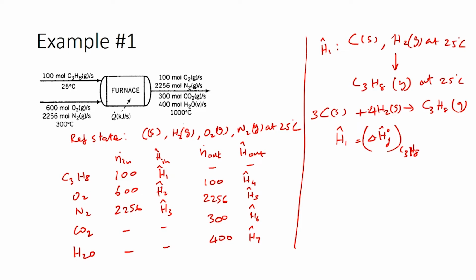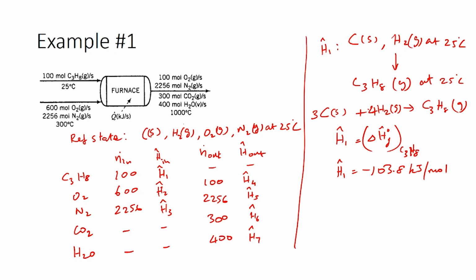This value can be obtained from any of the tables. From the tables for heat of formation, H1 cap can be identified as minus 103.8 kilojoules per mole. So, this would be the value we fill in here. Now, we need to identify similar values for H2 cap, H3 cap, H4, H5, H6 and H7.